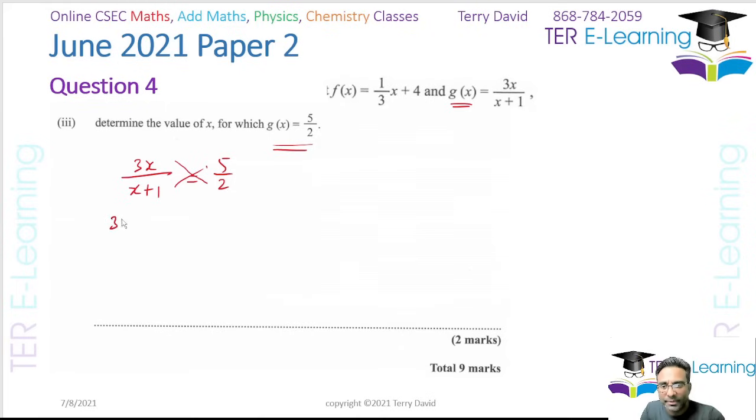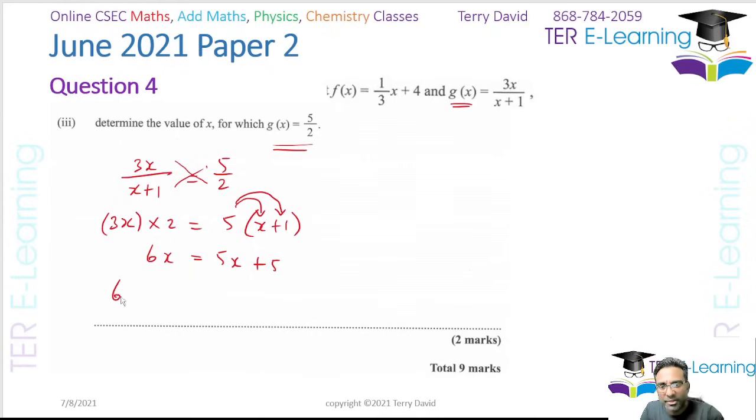So therefore, 3x multiplied by 2 is equal to 5 multiplied by x plus 1. So 3x by 2 is going to give me 6x, is equal to, removing these brackets using the distributive law, 5 by x and then 5 by 1. So this is going to be 5x plus 5.